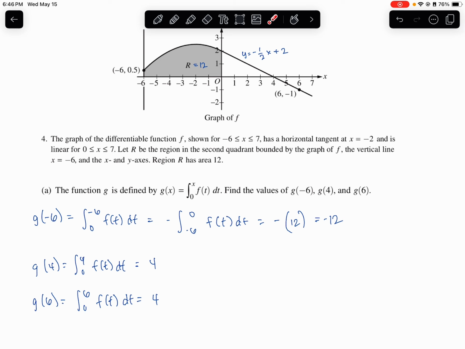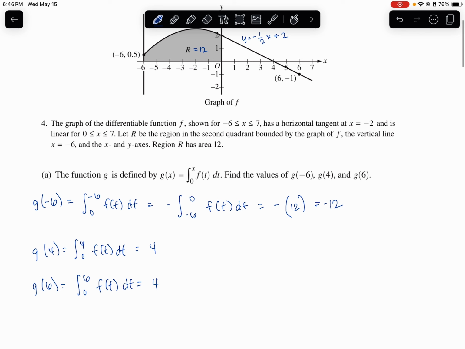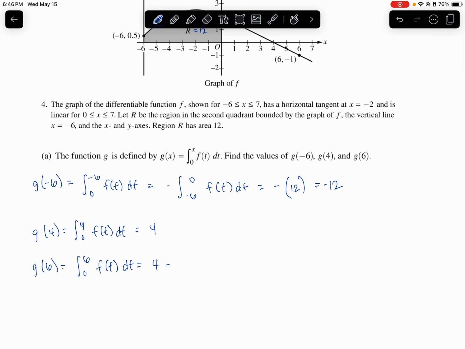Now, from 4, we're only going to 6. So from here to here, the area underneath would be a triangle again, half of that base, so 1 times 1. This would be negative 1 because it's underneath the x-axis. So 4 minus 1 is going to be equal to 3.